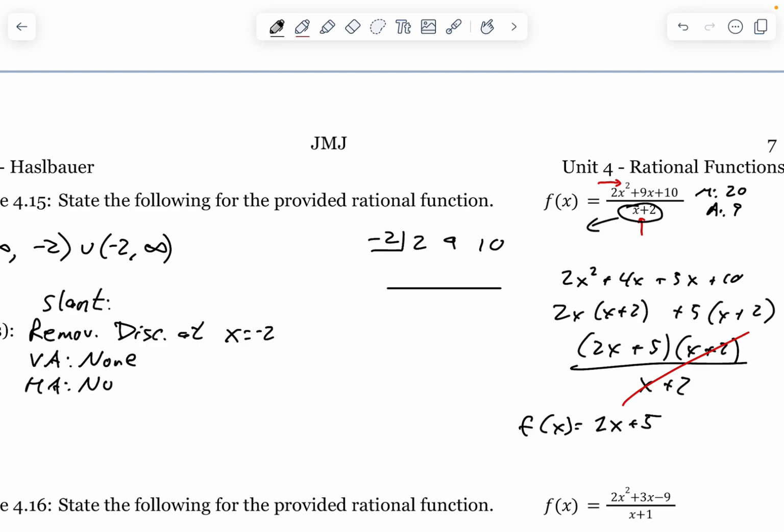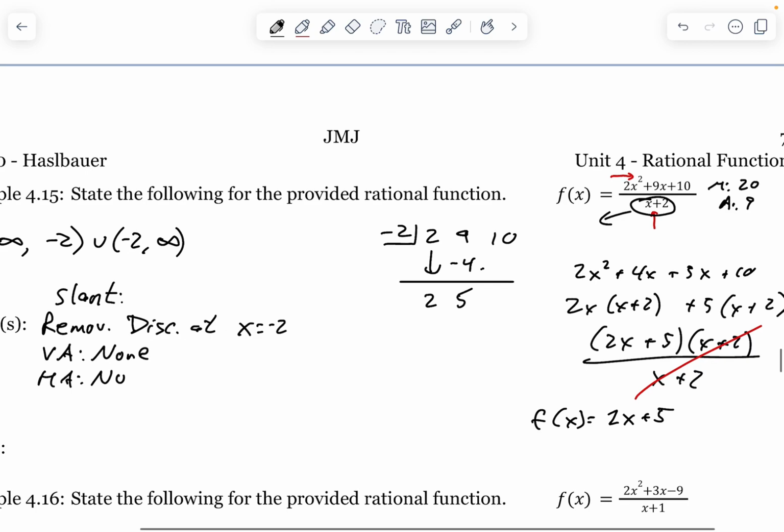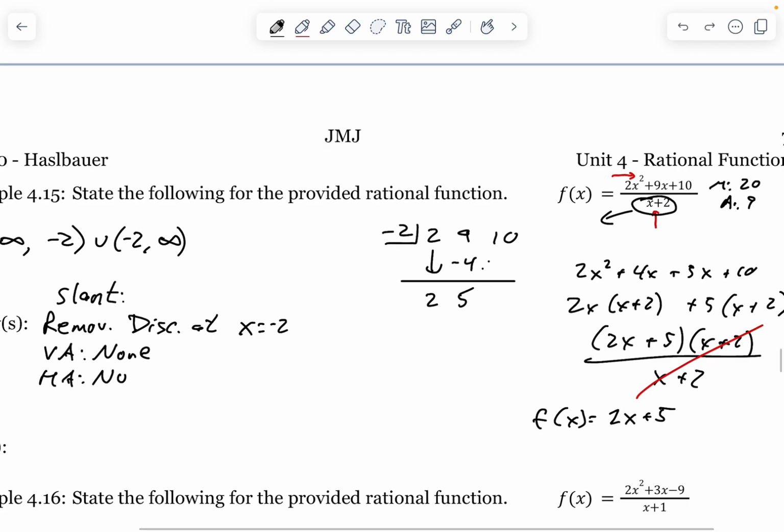Here's my division. 2, -4, 5, and then I get over here a -10, and I get 0. No matter what, the remainder doesn't matter to us. Even if I got a remainder, it wouldn't affect it. Over here, I'm going to get a 2. The exponent reduces by 1. I get x plus 5.